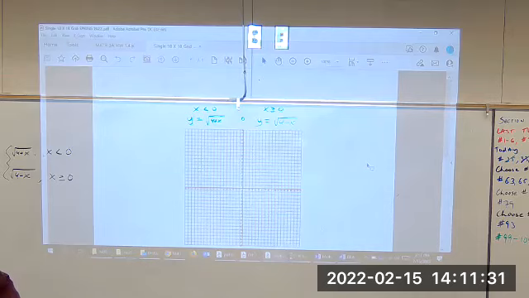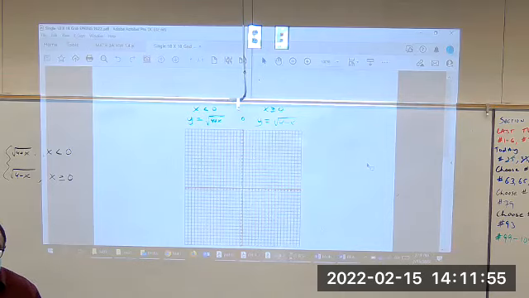We like to plot 1, 3. We like to plot 1, -4. We don't want to plot decimals. We don't want to plot, if we can avoid it, fractions. We certainly don't want to plot an x of 5 and a y of square root 3. We want to plot nice, happy numbers.